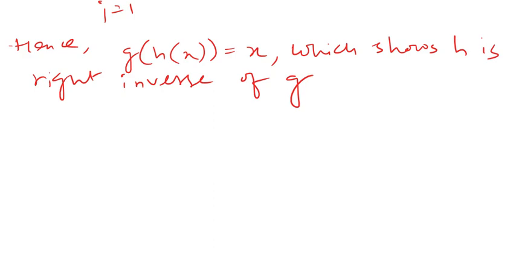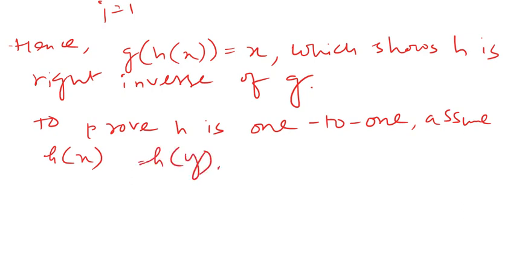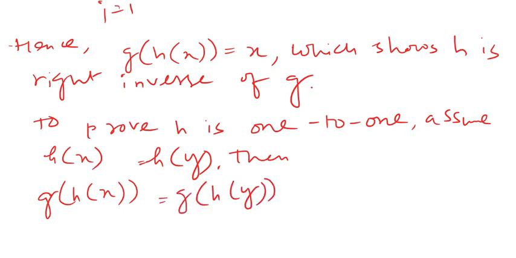So to prove h is 1 to 1, assume h of x equals h of y, then g of h of x equals g of h of y.